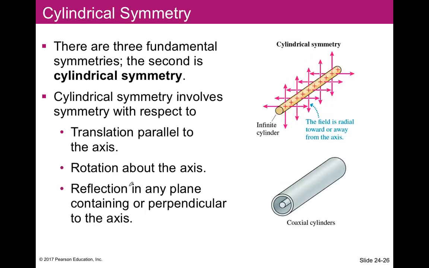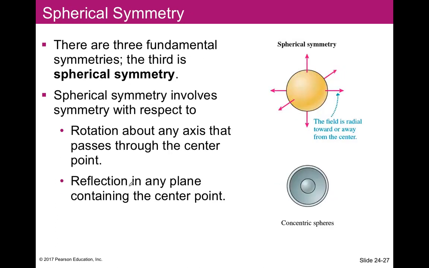We're not going to introduce more about that. We have introduced a lot of details. And then the third symmetric distribution is spherical symmetry. Spherical symmetry involves symmetry with respect to, first, rotation about any axis that passes through the center point.